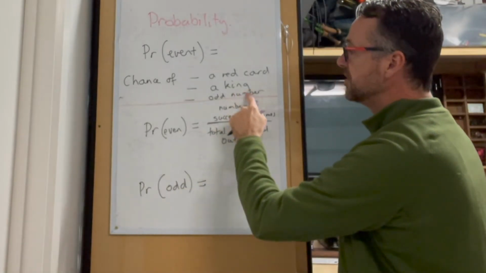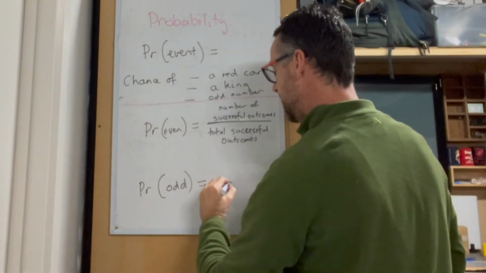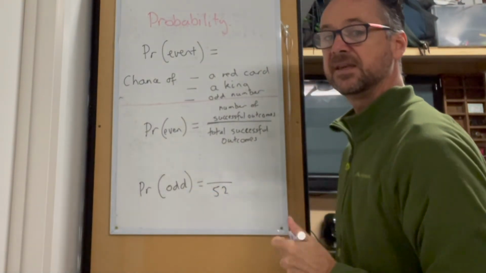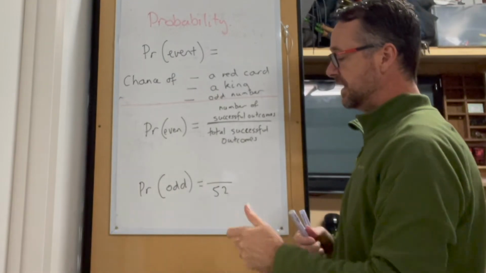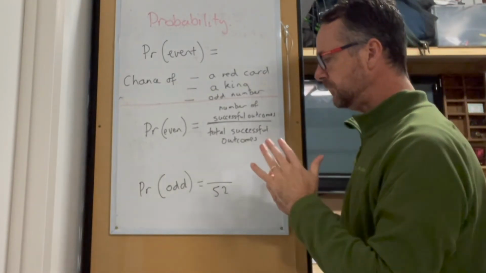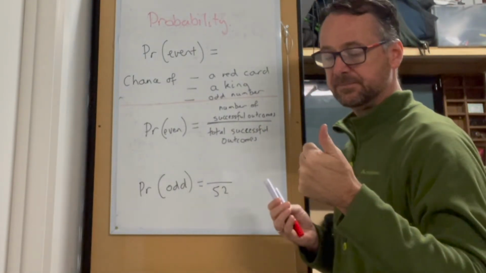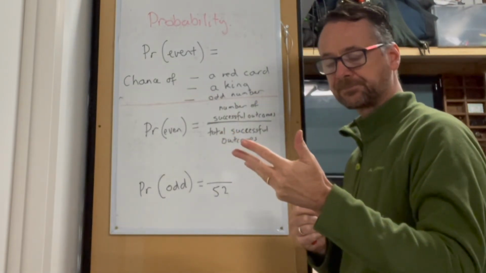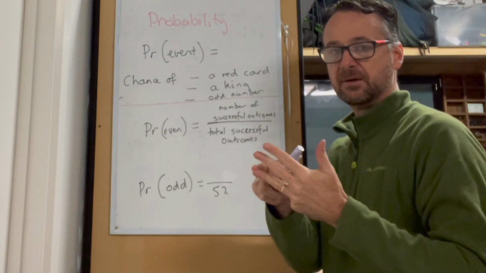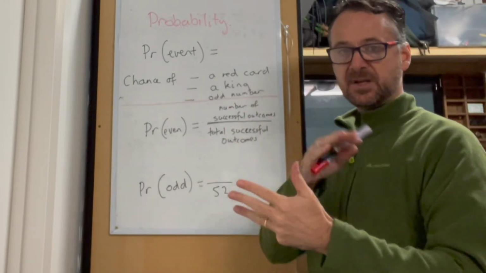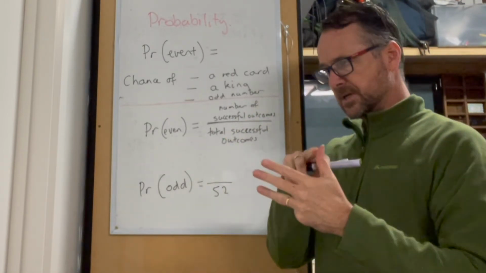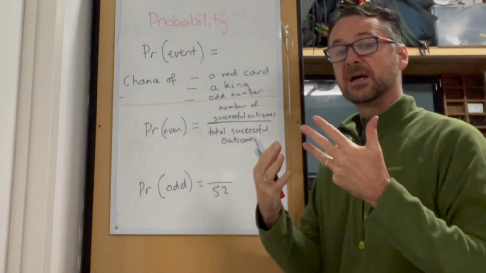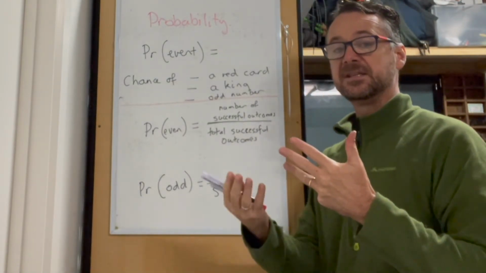Now we're after the odd numbers from a deck of cards. Again, we start with 52 cards in the deck. The odd numbered cards are going to be 3, 5, 7, 9. Now, you could argue that an ace could be considered a 1. So when you're solving this problem, you need to clarify whether you're expecting that the ace is going to be considered a 1.